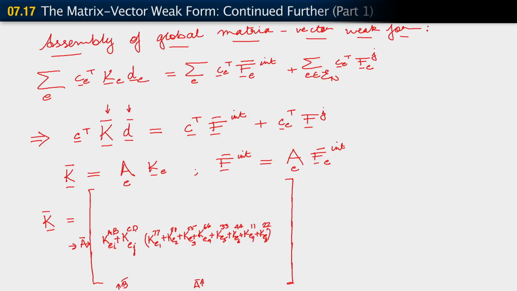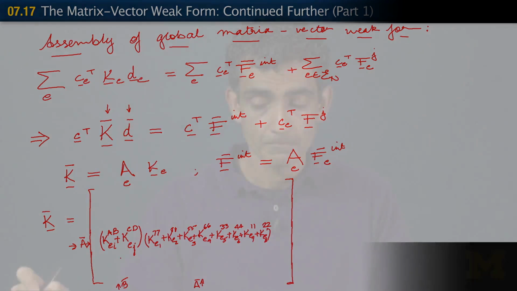So that would be an off-diagonal contribution from different elements, and of course there could be more elements in general contributing to the global Ā B̄ component of the stiffness matrix. So this would of course continue, and you would essentially populate the entire stiffness matrix by doing this.